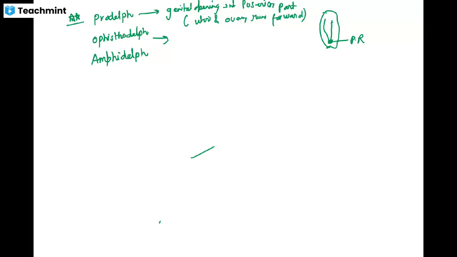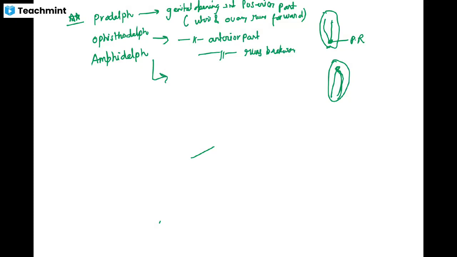And if genital opening is present in anterior part, तो ultimately क्या होगा कि uterai and ovary run backward. This is opisthodelph. And amphidelph, the genital opening is situated in middle. So इस case में क्या होगा कि uterus and ovary run in opposite direction.